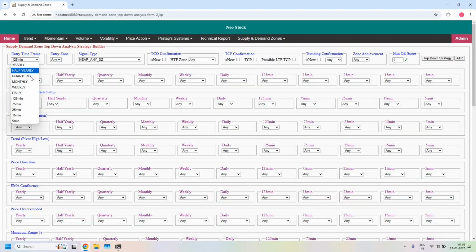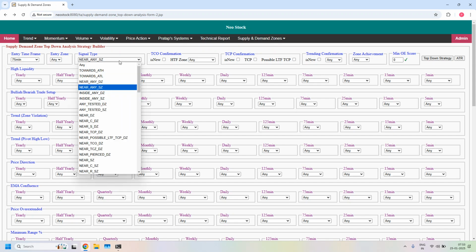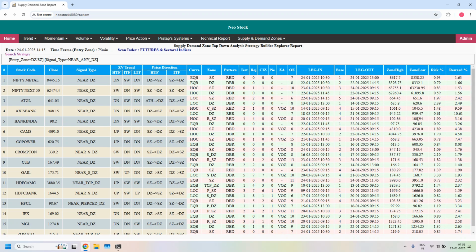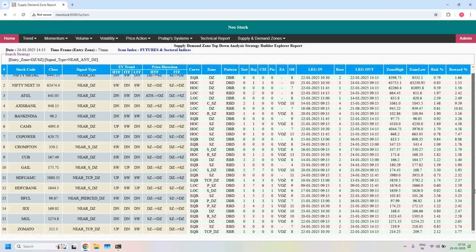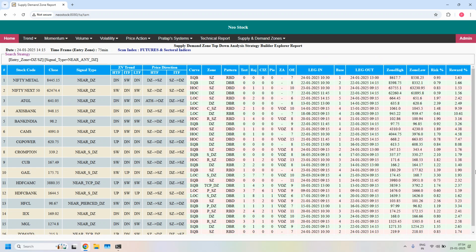Next time frame is 75 minutes. Stocks near 75 minutes demand zone. We got 16 stocks. First 15 stocks in the list. Let us identify high liquidity 75 minutes demand zones from this list. Crompton is having a high liquidity 75 minutes demand zone.